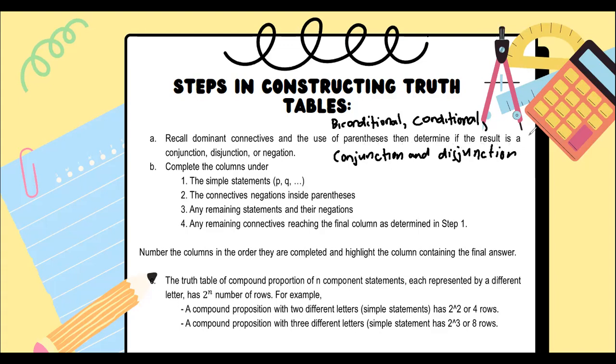Okay? So again, si conjunction and disjunction, equal lang sila ng power. It means kahit sino sa kanilang dalawa ang pwedeng unahin. Basta you need to perform it from left to right. Kung sino mauuna from left to right, siya yung first na ipe-perform ninyo.